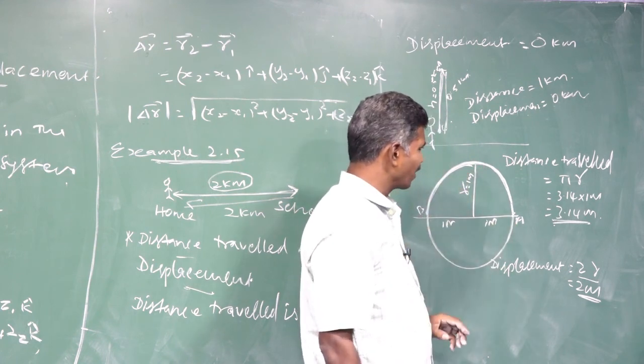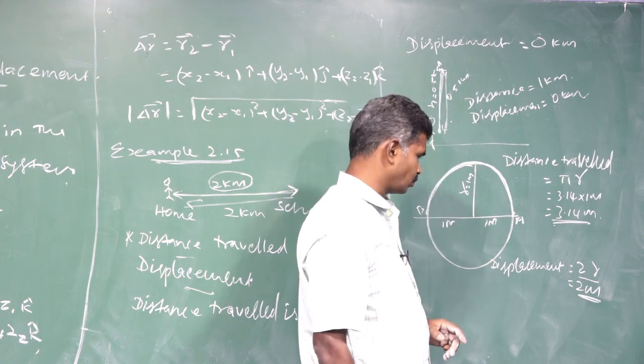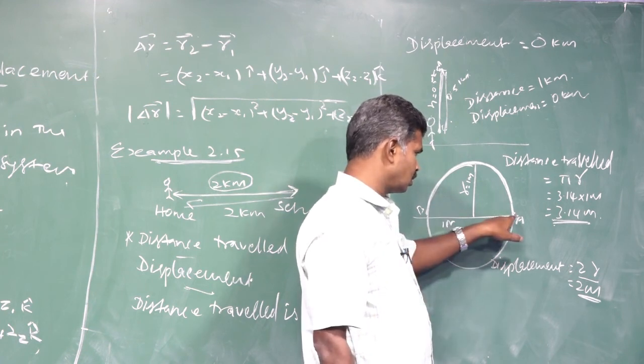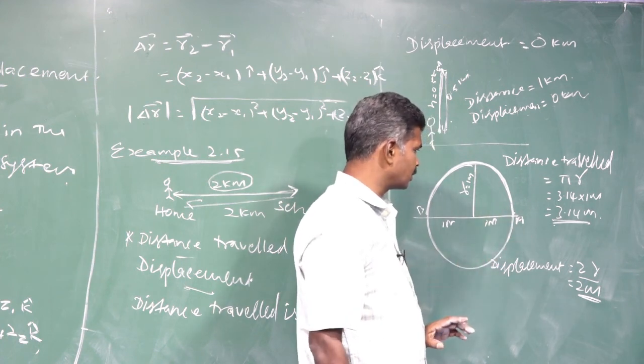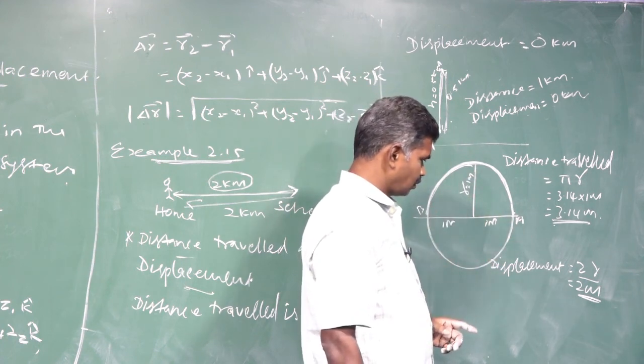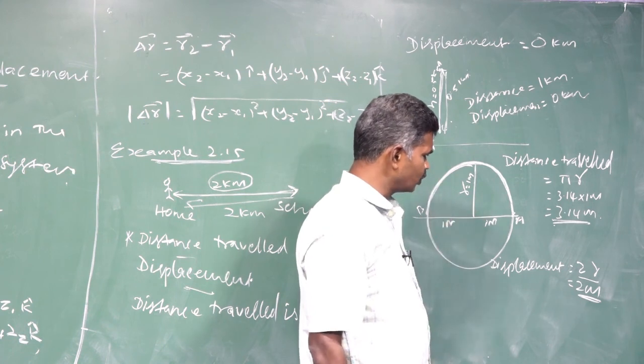There we have the distance traveled as 2 pi r. If we move from A position and finally reach the A position itself, the displacement takes place here as 0 itself.